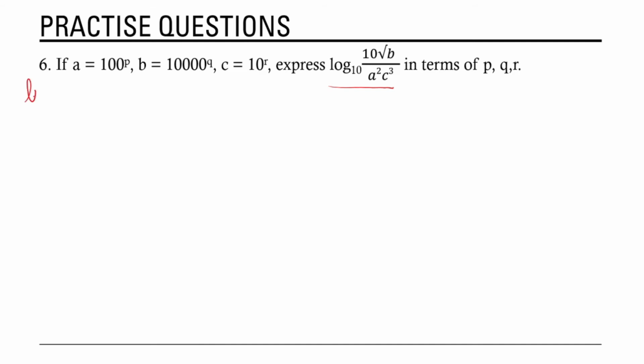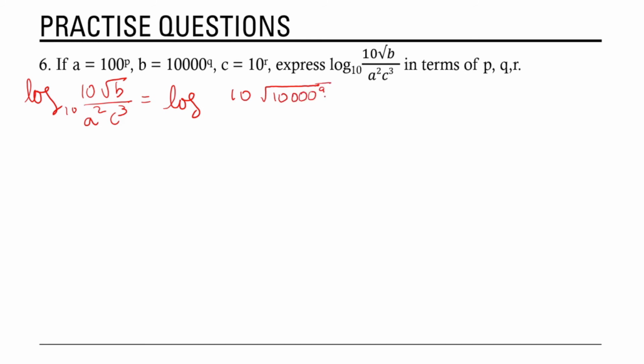So, log of 10 root b divided by a square c cube to the base 10 is equal to, substituting the values for a, b and c, log of 10 into square root of b, which is square root of 10,000 raised to q, divided by a square.